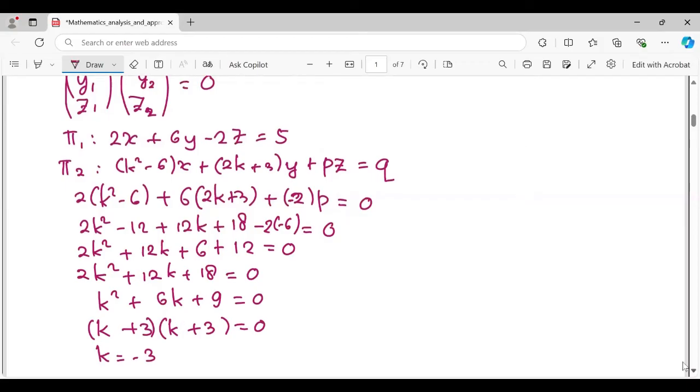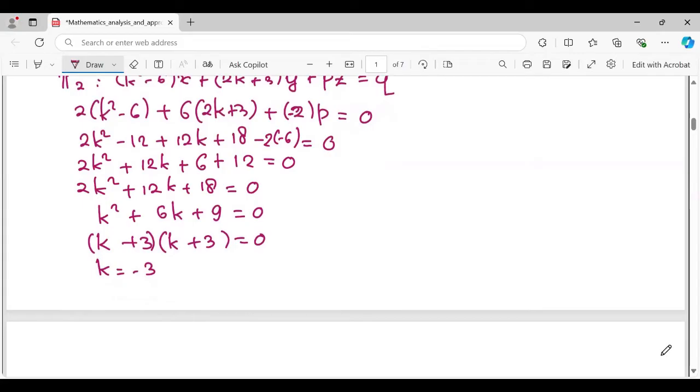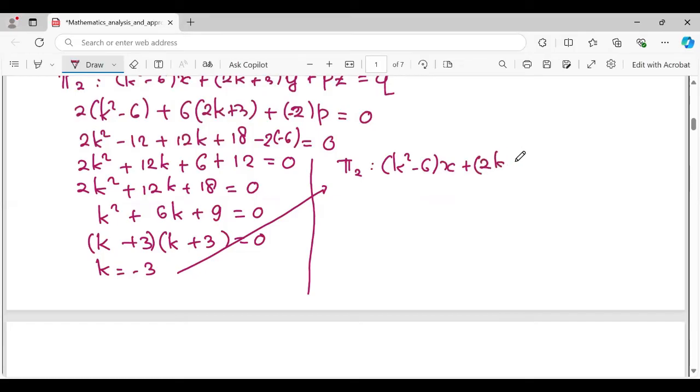After that, substitute into plane pi 2: (k squared minus 6)x plus (2k plus 3)y plus pz equals q.